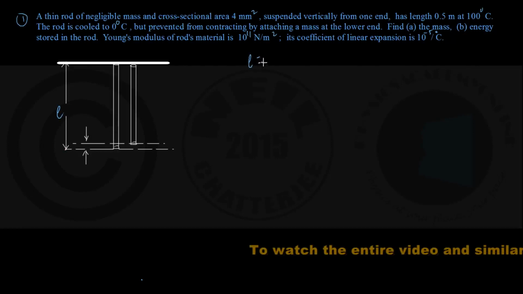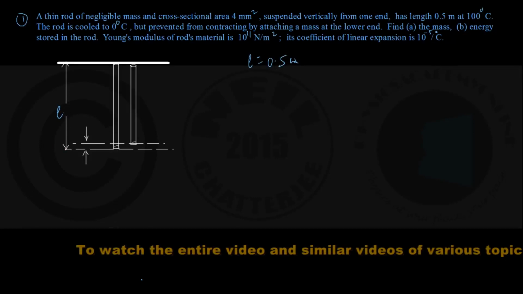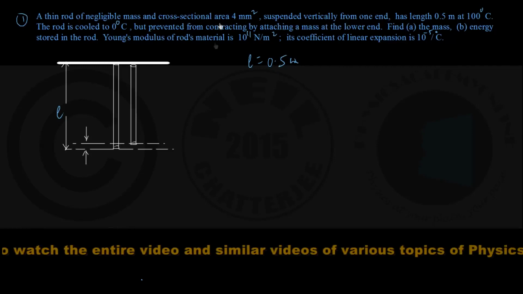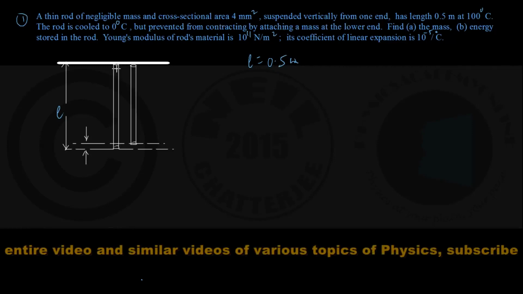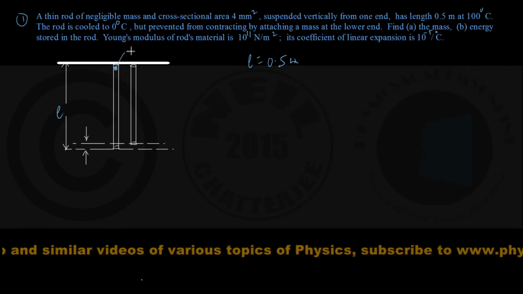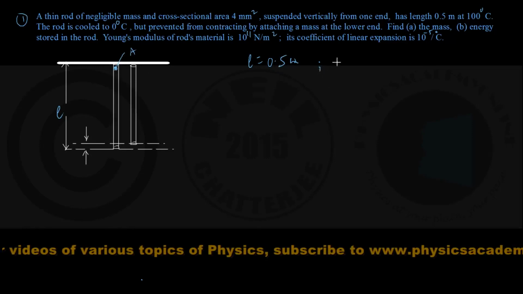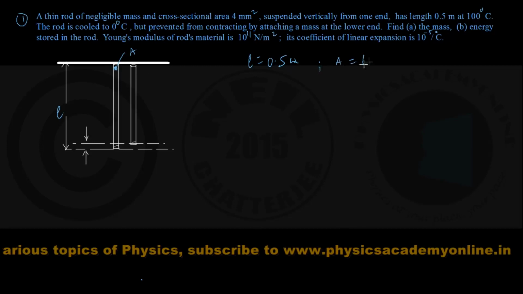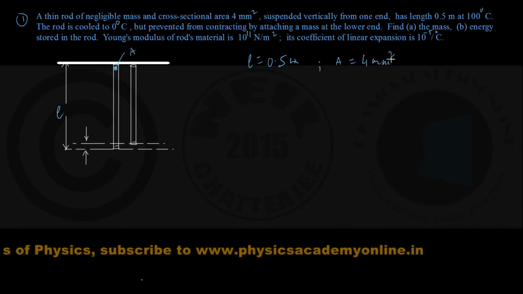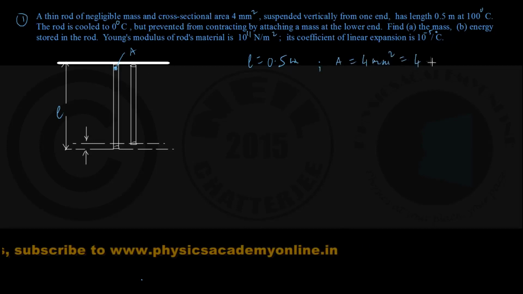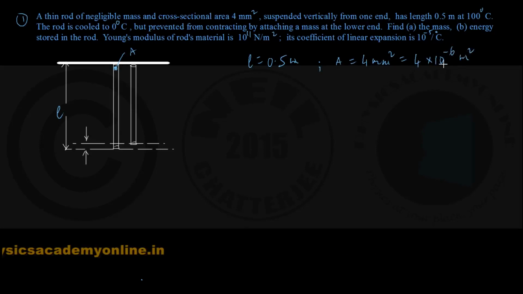So this L is given to be 0.5 meter, and the cross-sectional area of the rod, this is a circular cross-section we assume, is also known to be 4 millimeter square. Converting to SI, this is coming out to be 4 into 10 to the power minus 6 meter square.